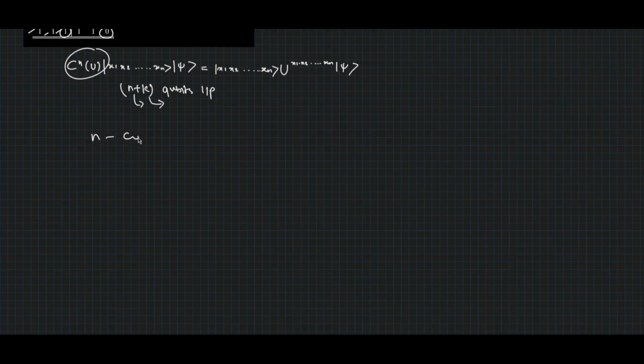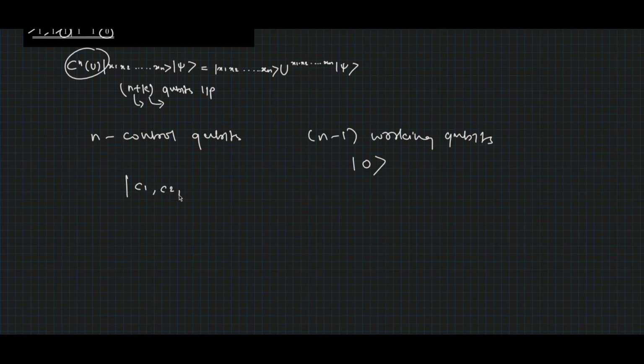So for n control qubits, we have n minus 1 working qubits, all having the value 0. The control qubits are in the computational basis state C1, C2 till Cn, and we have to produce the product C1 dot C2 dot till Cn.